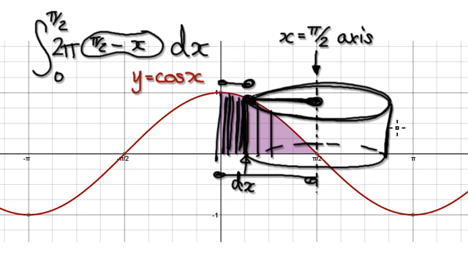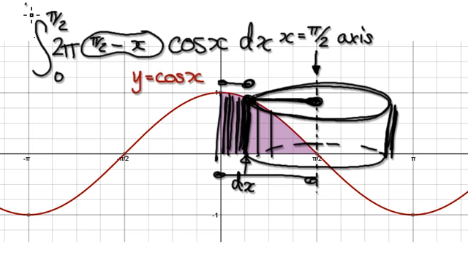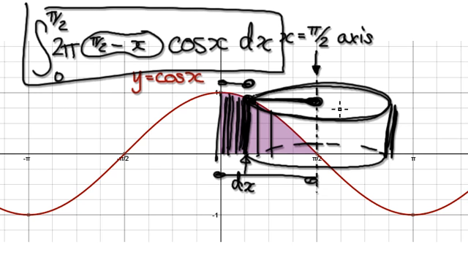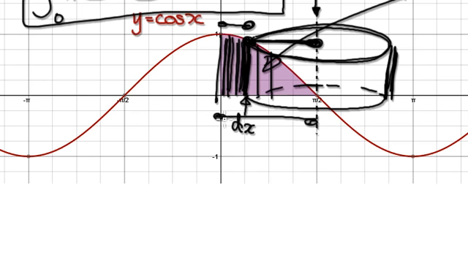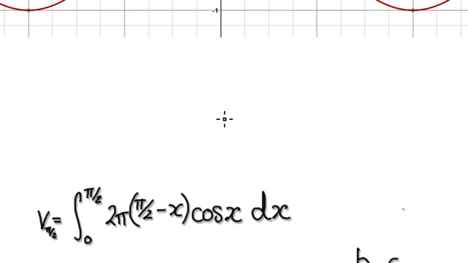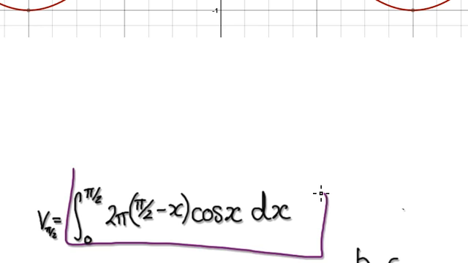Now we need to times the height of the cylinder. So we will need to times cos of x, dx. So this here will give us the volume of this 3D solid revolved around the pi over 2 axis. So the volume would be given by this.